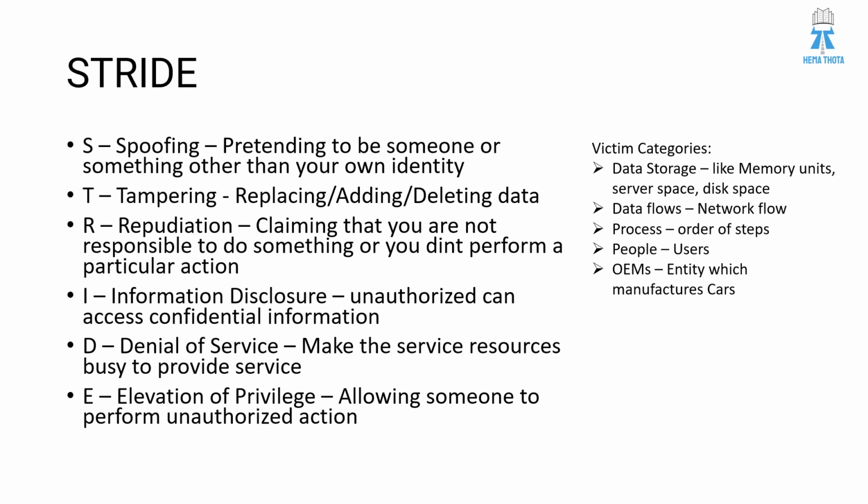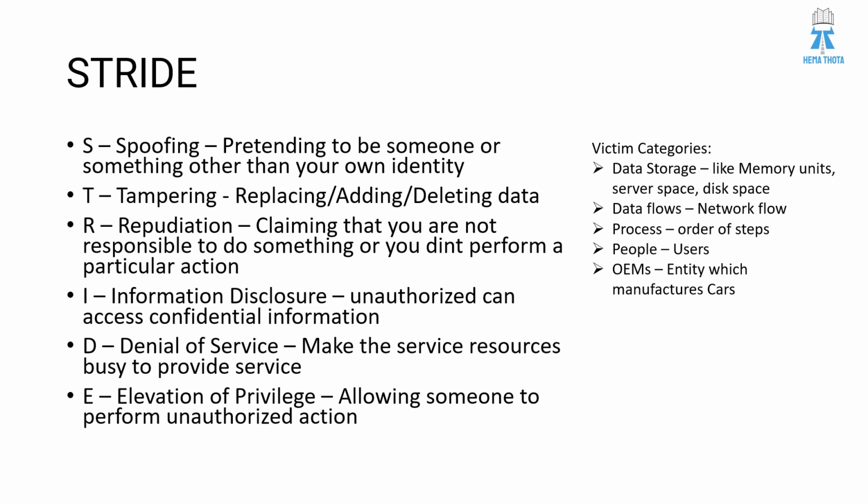Denial of service. Denial of service is something like making the service resources too busy to provide service. For example, fake network traffic, a sudden surge in network traffic, will slow down or sometimes hinder the real traffic.